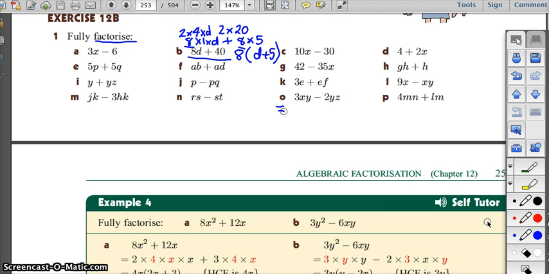Trent, how will we go about this one? I think you multiply. Yeah, you do the same thing as before. 3 times x times y. Good. Take 2 times y times z. Yep.